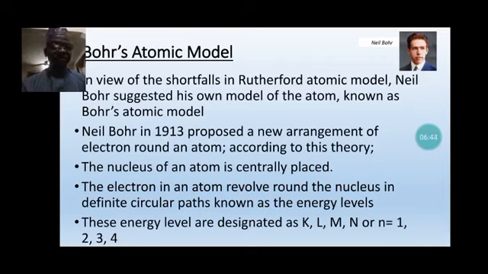Niels Bohr in 1913 proposed a new arrangement of the electron around an atom. According to this theory, the nucleus of an atom is centrally placed, and the electron in an atom revolves around the nucleus in a definite circular path known as the energy level. These energy levels are designated as K, L, M, N, or n equals 1, 2, 3, 4 continuously.